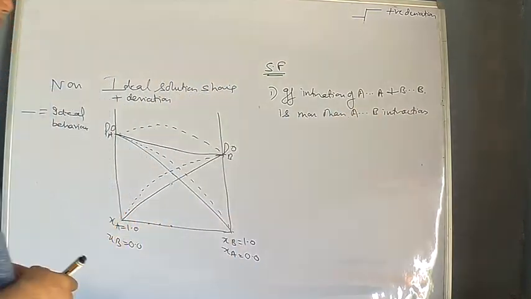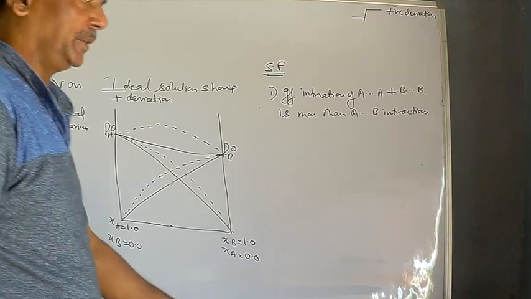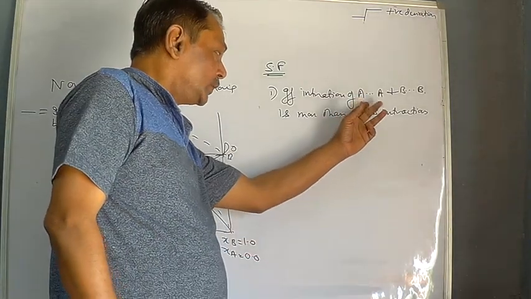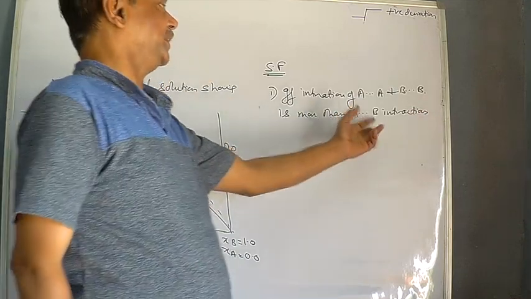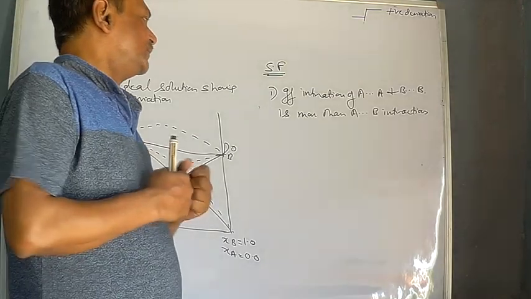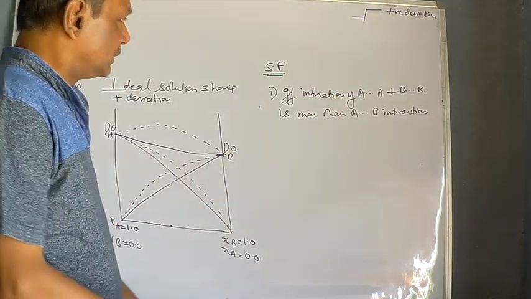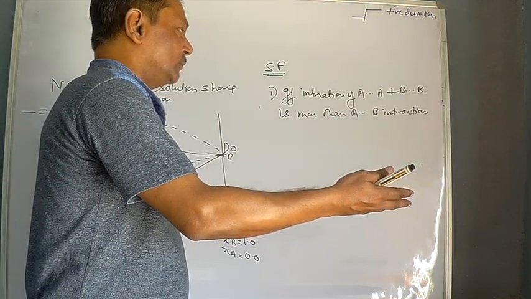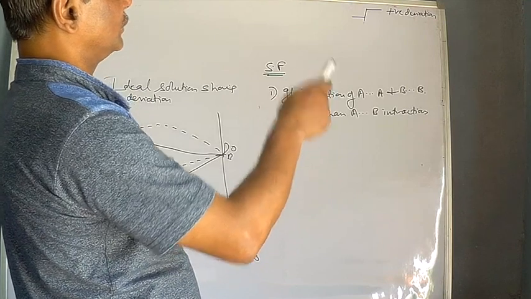Condition is, if interaction of A-A and B-B, what does it mean? It means if the bond between liquid A molecules and the bond between liquid B molecules is more than A-B interactions. It means that A has more tendency to remain itself A, B has more tendency to remain itself B, than they form solution. So solution forming tendency is less.